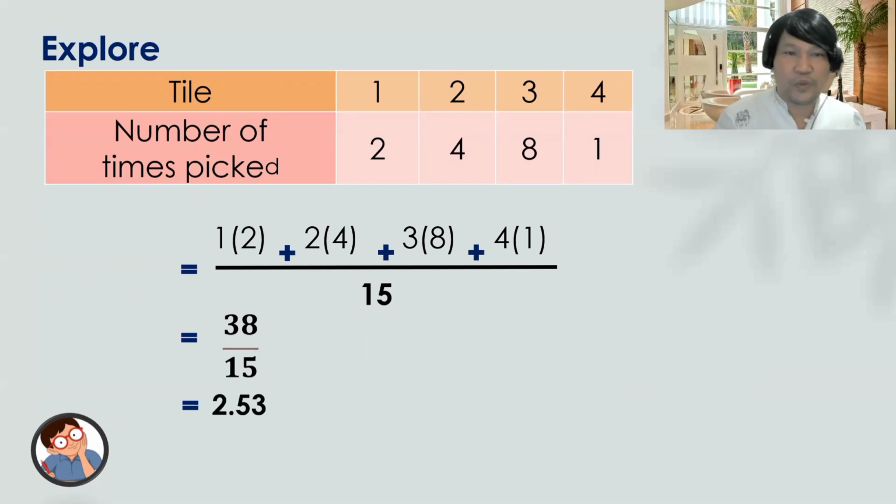Now, how were we able to obtain the average number picked corresponding to the tiles? What we did was multiply tile 1 times 2, tile 2 times 4, tile 3 times 8, and tile 4 times 1, then divide by the number of times we picked the tiles in the jar.